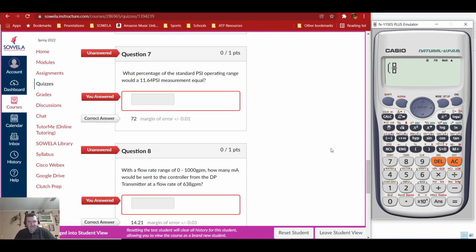Standard PSI is 3 to 15, so we're going to put 11.64 minus 3 over 15 minus 3. Scroll over, close, times open, looking for percentage, so it's 100 minus 0, close parentheses, plus 0, and that would be 72%.